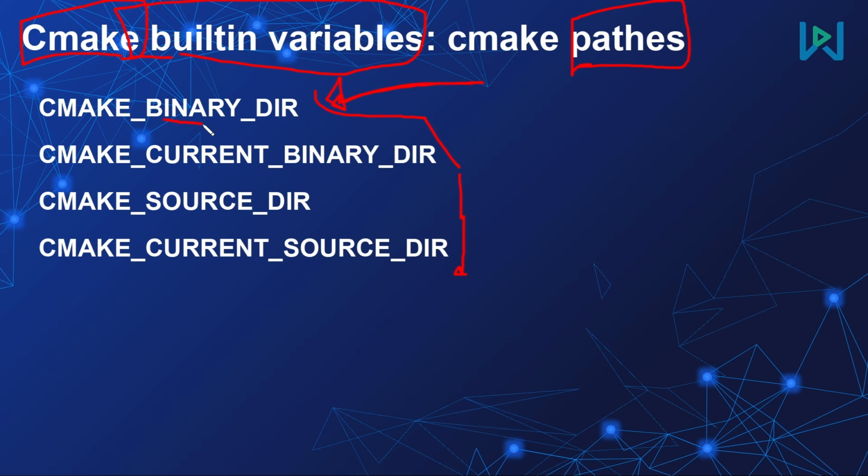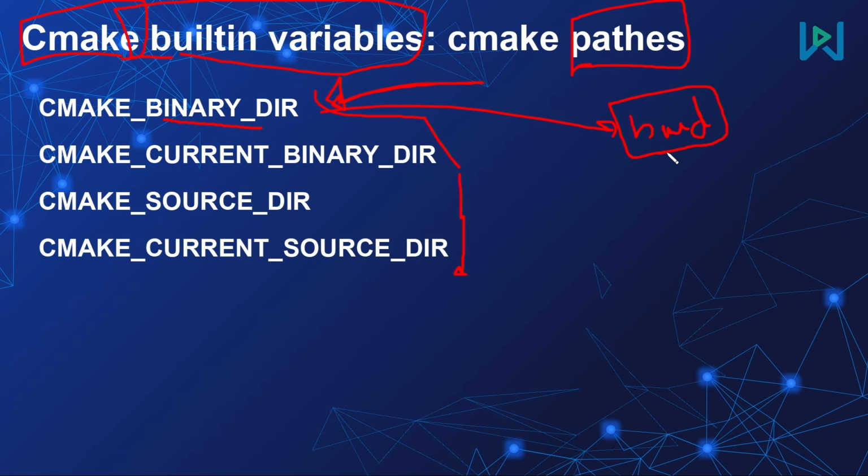So, as an example, this CMAKE_BINARY_DIR basically refers to our global build directory. And this is the directory that will contain the different backend makefiles generated, as well as the different compiled object files and output binaries and so on.